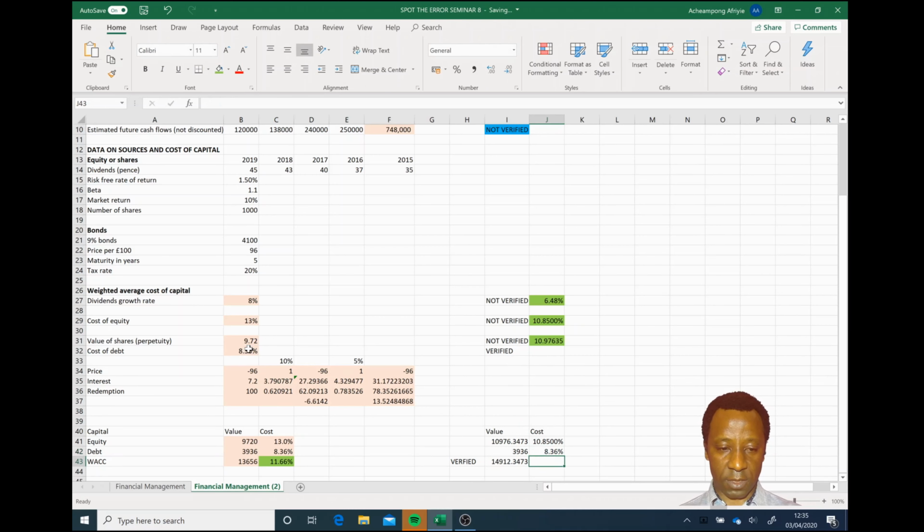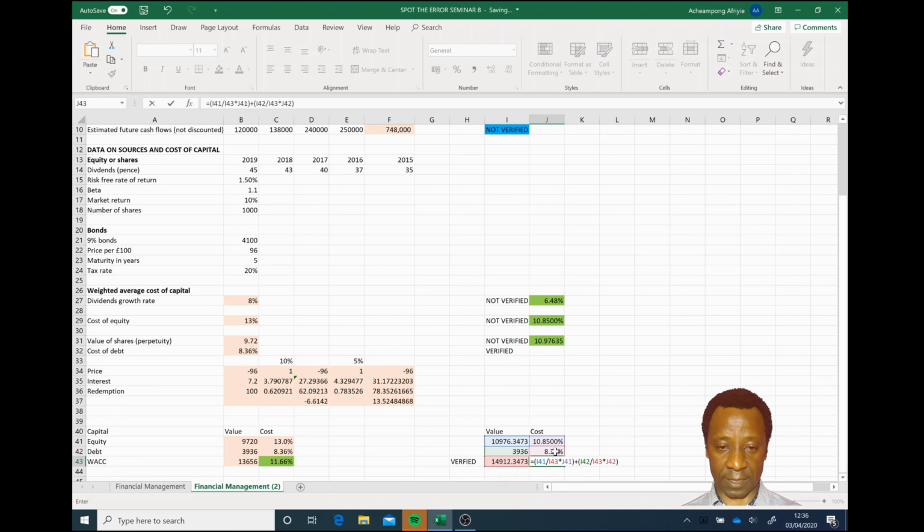Okay. So on that basis, we can recalculate what the weighted average cost of capital should be. And that should be the weight of equity divided by the total capital times the cost of equity plus the weight of debt divided by total capital times the cost of debt.